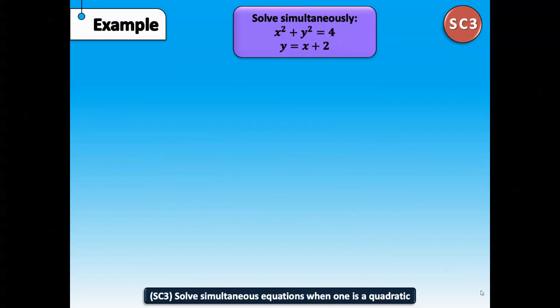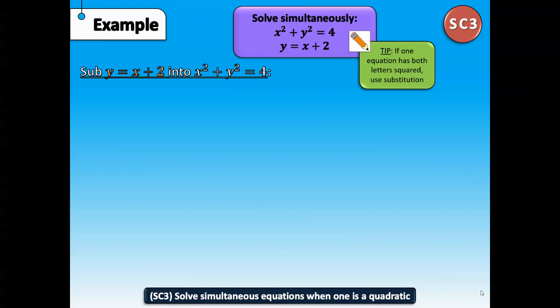This time, I want to solve these equations simultaneously, but this time they both don't equal y. So if one of the equations equals y, I can substitute it into the other equation. So if y equals x plus 2, I can replace the y in the first equation with x plus 2.